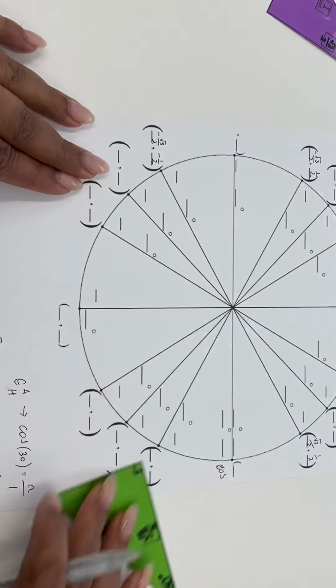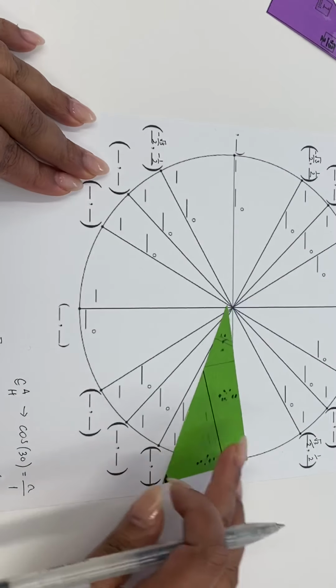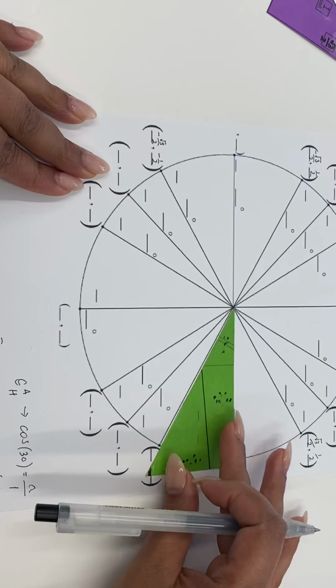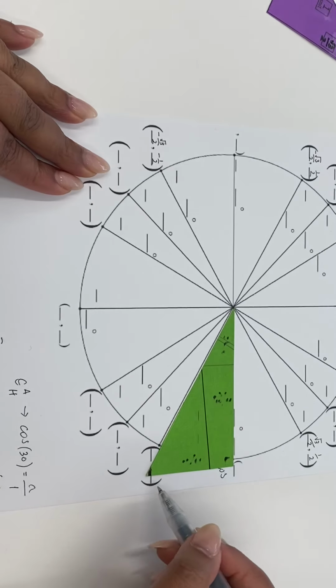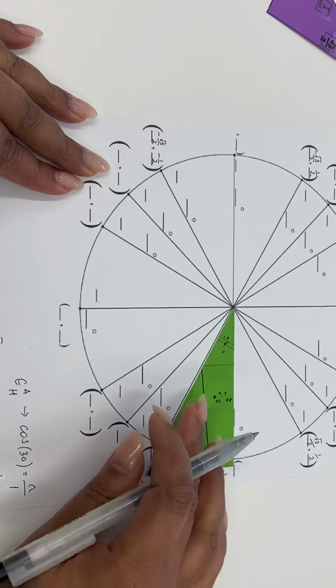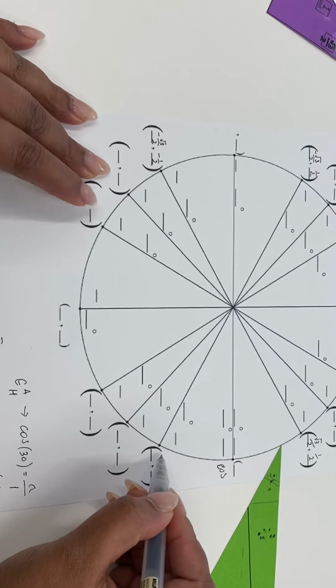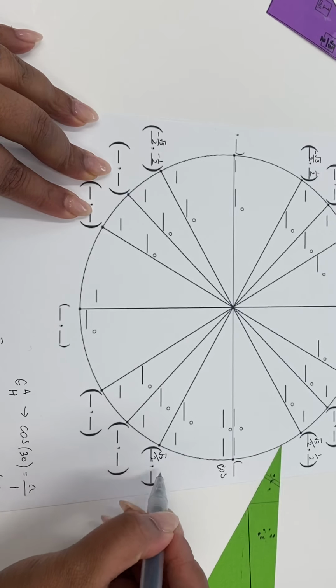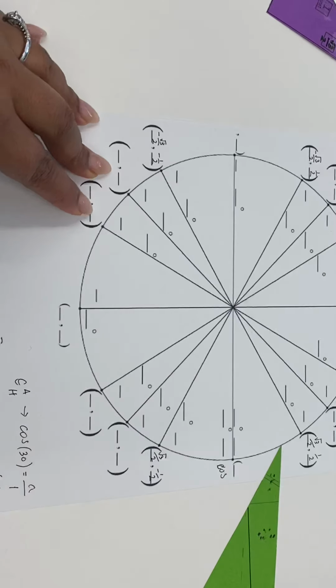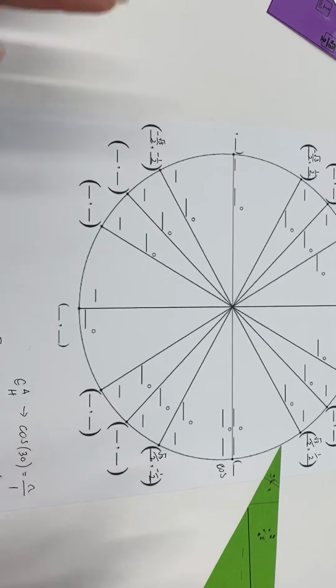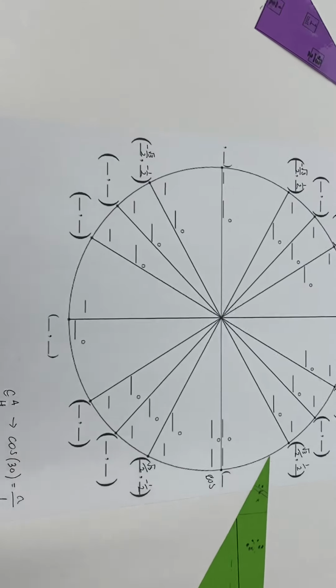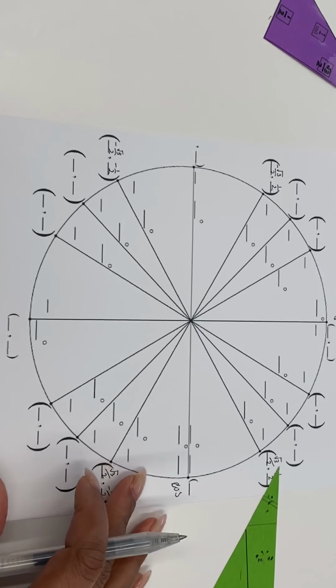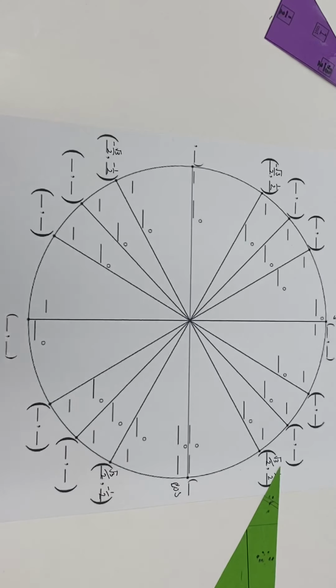Got that the wrong way, so just there. So again, that's 30 degrees, which means that my x coordinate is going to be positive, and my y value is going to be negative. So when you're doing this unit circle, you need to make sure that you are considering the properties of a Cartesian plane.